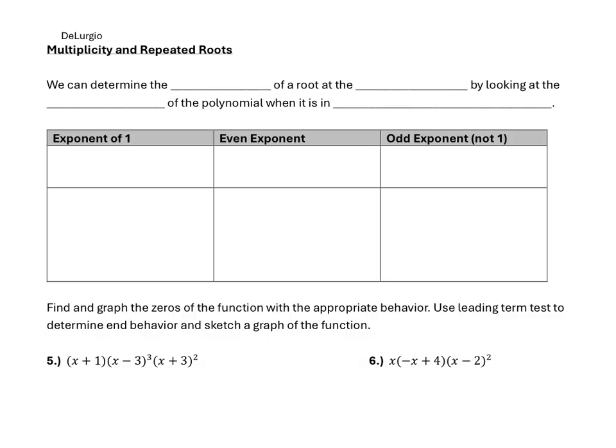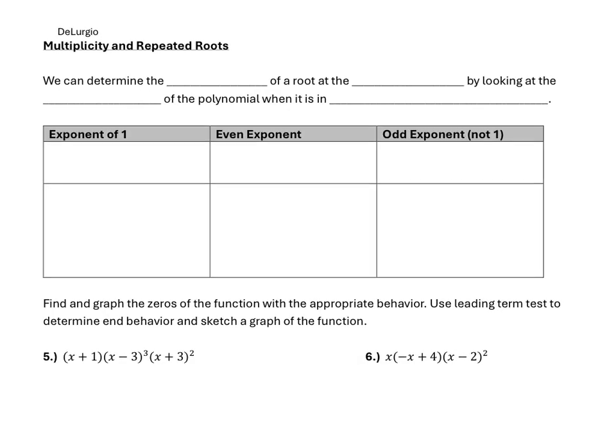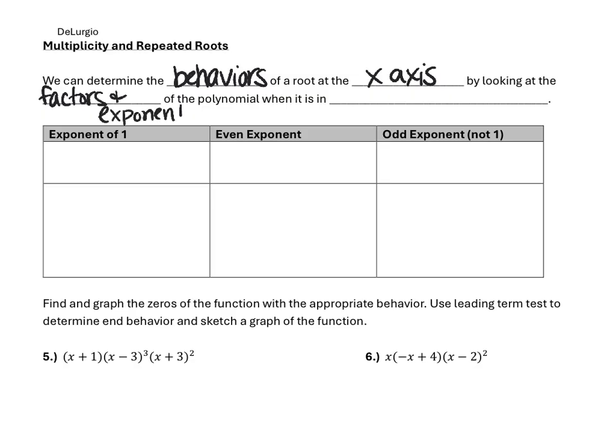The last thing we need to know about roots of polynomials is that they have different behaviors at the x-axis. So we can determine the behaviors of a root at the x-axis by looking at the factors and exponents of the polynomial when it is in factored form.